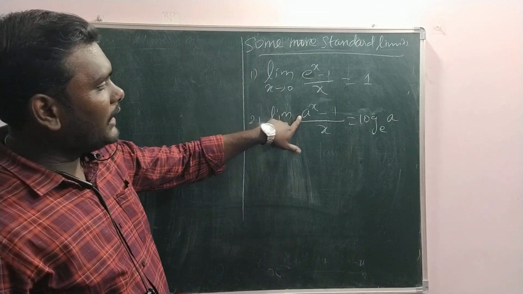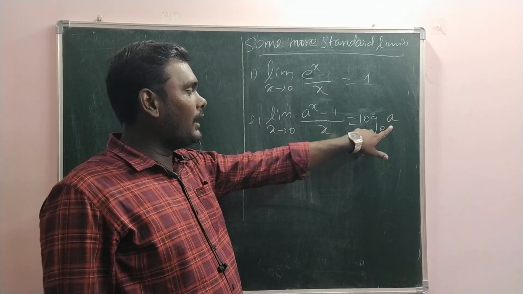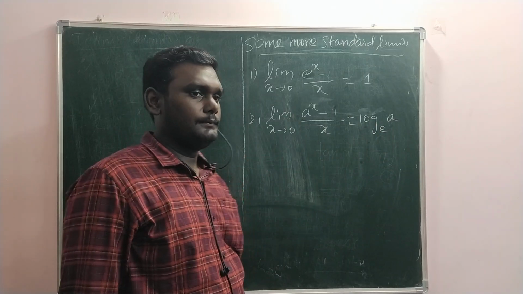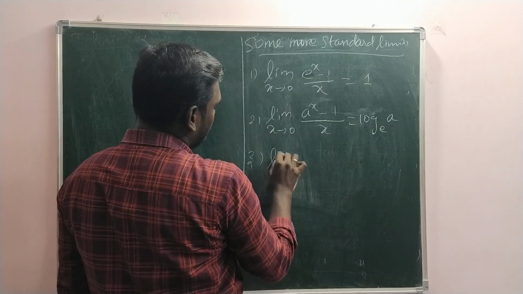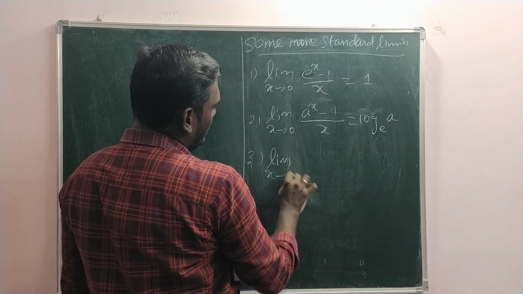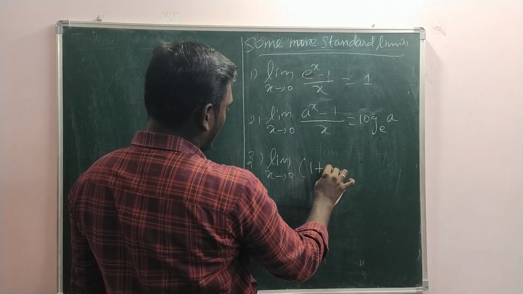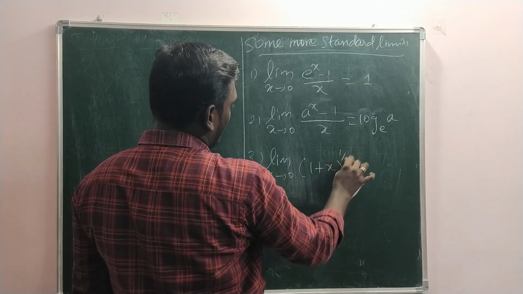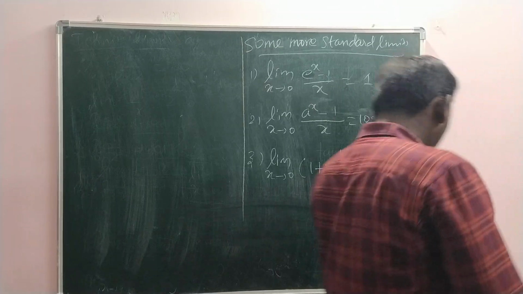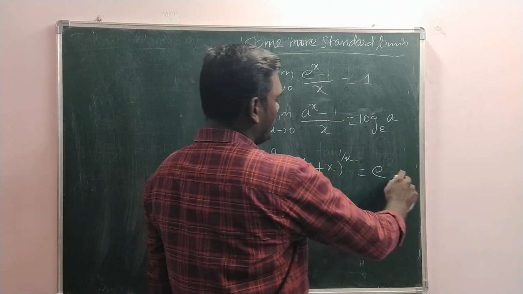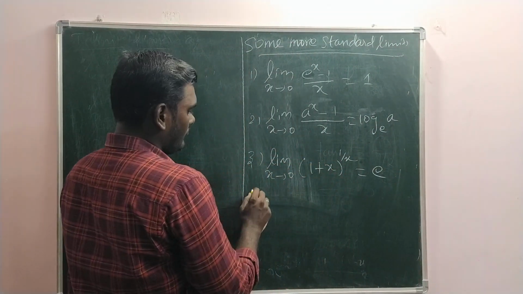But in place of a, if you substitute e, log e to the base e is 1. And the other one, limit x tends to 0, 1 plus x whole power 1 by x, that value is approaching e.